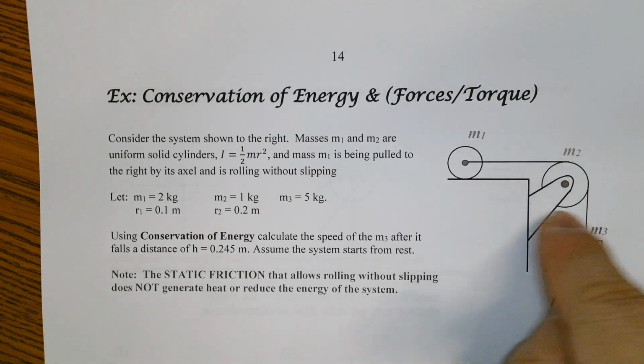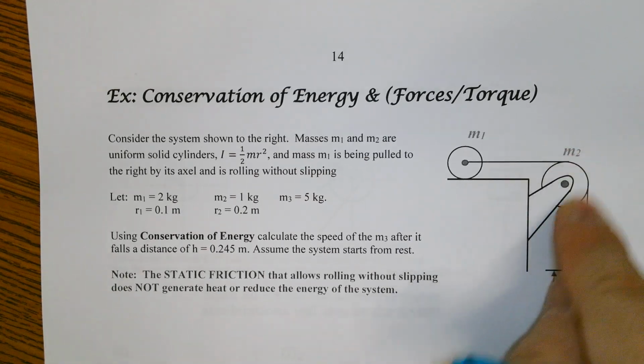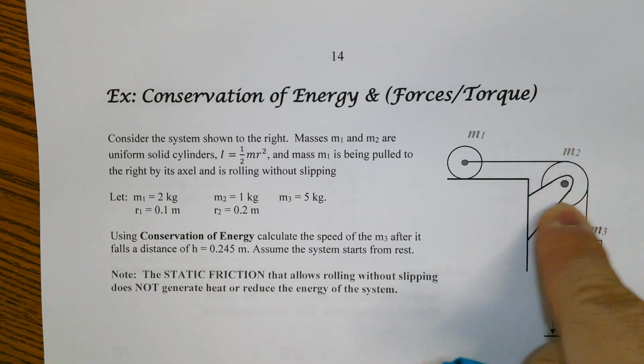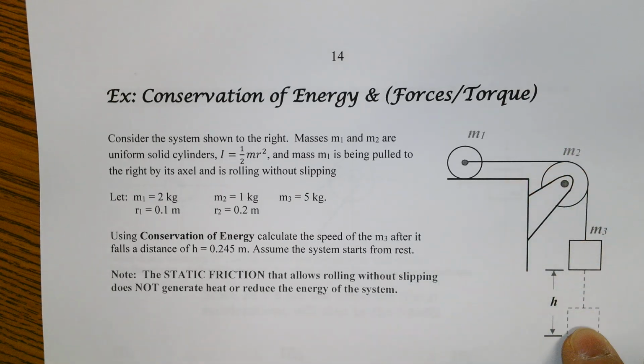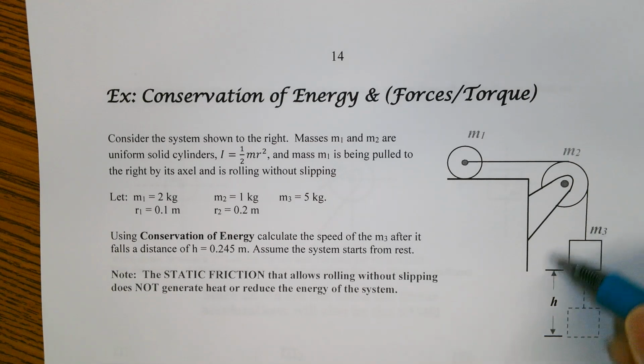So this has two forms of energy when it's moving as this thing falls. This one is only going to spin, so it's only going to have rotational kinetic energy as this thing falls. This one starts with potential energy initial, and that will convert into kinetic energy of the whole system. So beginning, you only have potential energy of this M3.